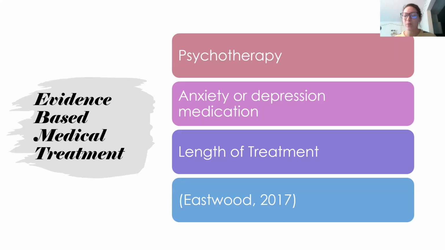And the length of treatment was found to be very helpful with actually treating the patient. Since I mentioned they're very likely to leave the hospital, having just one session isn't going to be very helpful. So actually staying for different treatments and coming to therapy is going to be more helpful for these patients than anything at all.